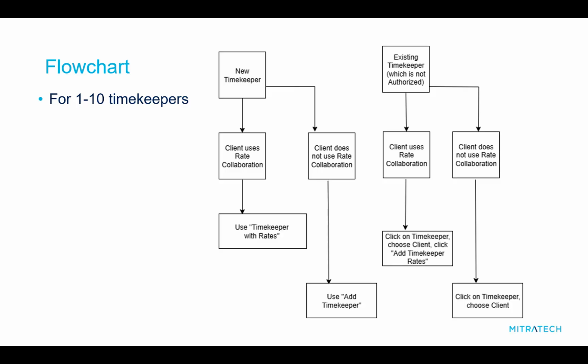On the right, you'll see existing timekeepers which are not authorized, and then options whether or not the client uses rate collaboration, with options to click on the timekeeper, choose the client, and click Add Timekeeper Rates, although that's only one option, and the other option being click on timekeeper and choose the client. We'll be reviewing some options shortly.